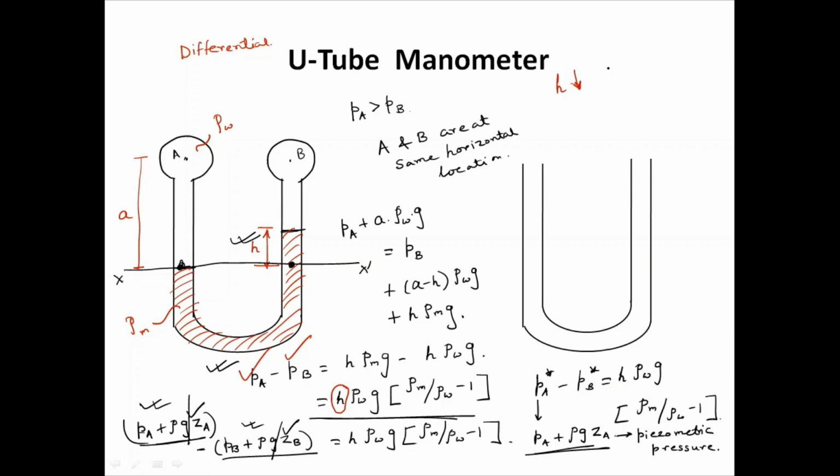If it is below 1 mm, you cannot measure it. If H is very small, measurement error will come. So you may reduce the manometric fluid density, so that this difference can be made larger.